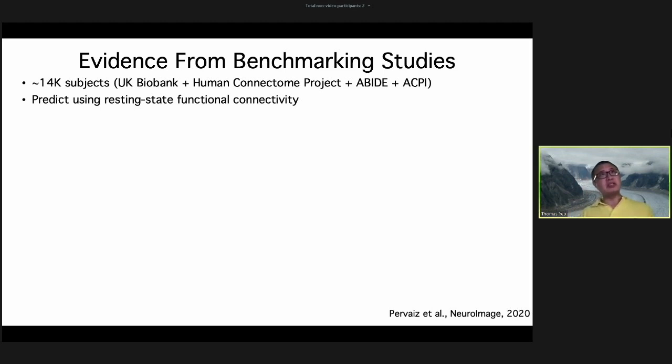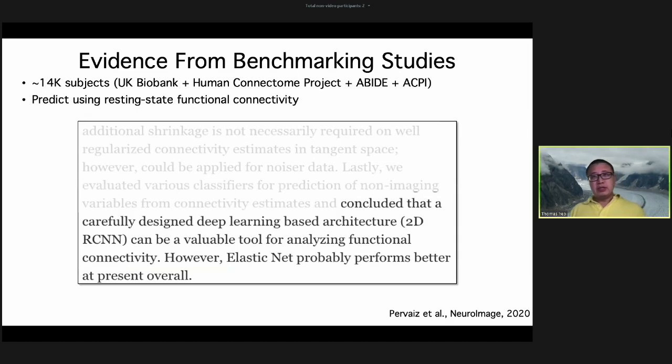They also proposed their own 2D recurrent convolutional neural network. So what did the authors find? The authors concluded that their carefully designed deep learning-based architecture, 2D recurrent convolutional neural network, can be a very valuable tool for analyzing functional connectivity. However, ElasticNet probably performs better at present overall.